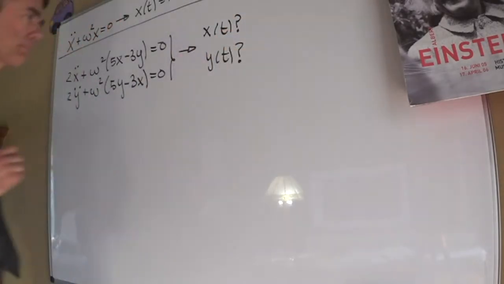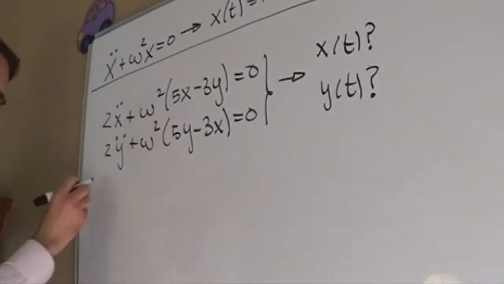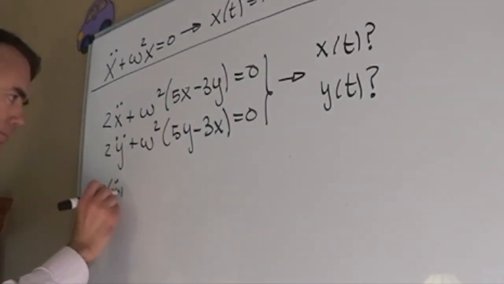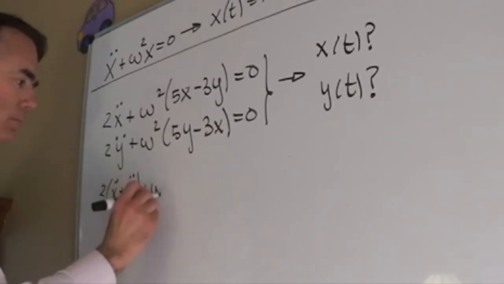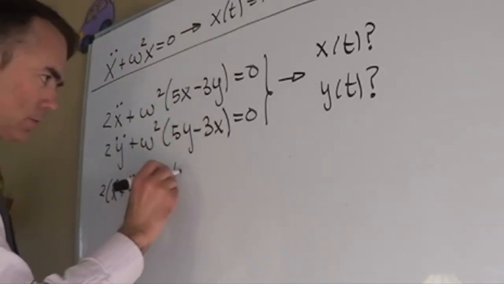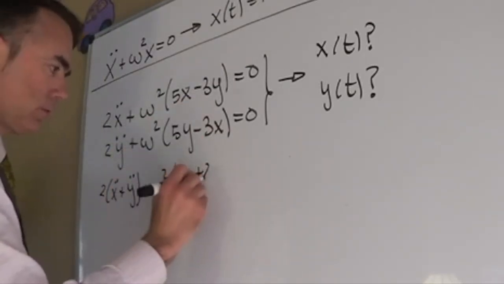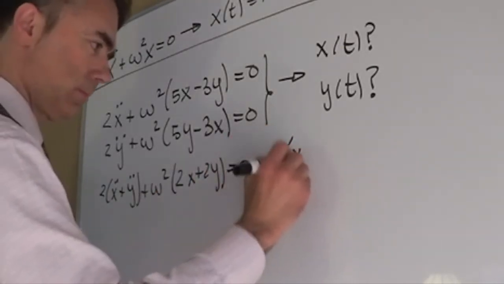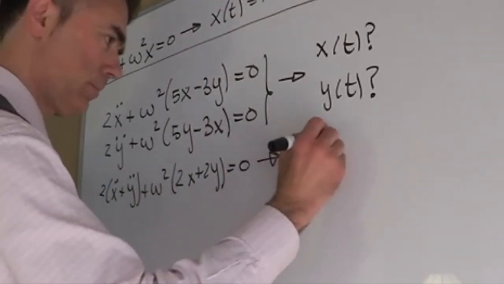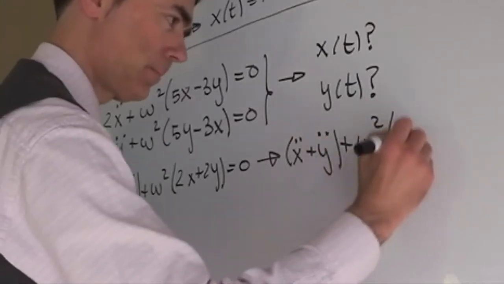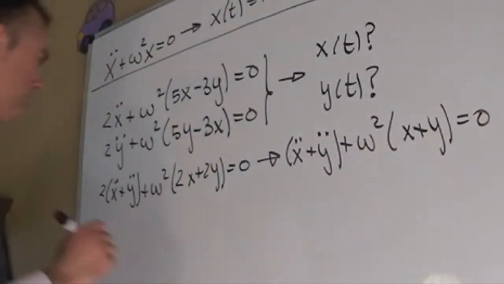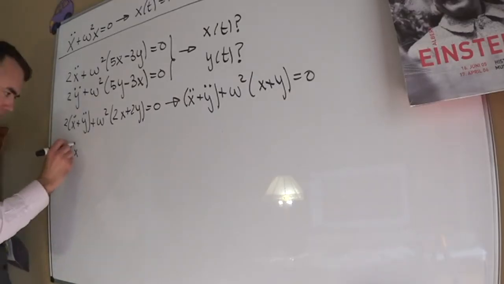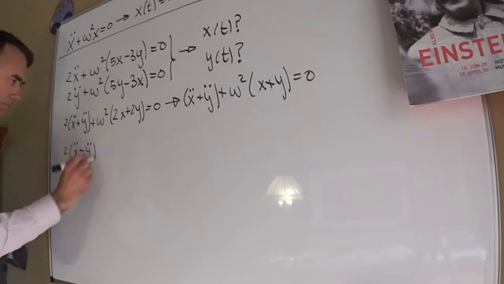To do that, I'll add both equations first, and I'll subtract the second from the first.